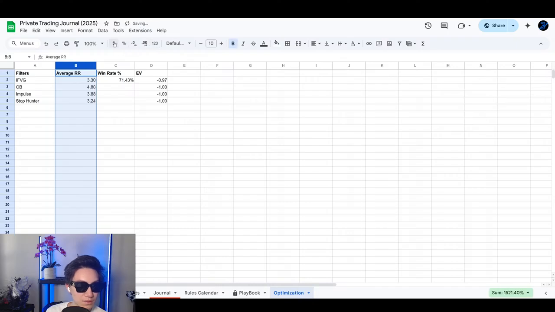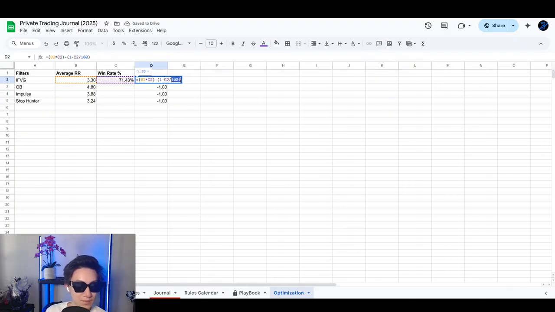This here should just be a number, we'll keep it like that, and then you don't have to divide these by 100 anymore because it should just convert based on a decimal. So 71%, let's do the math real quick. 71% win rate at 3.3 risk reward is 2.07 EV on my website. So that is correct.